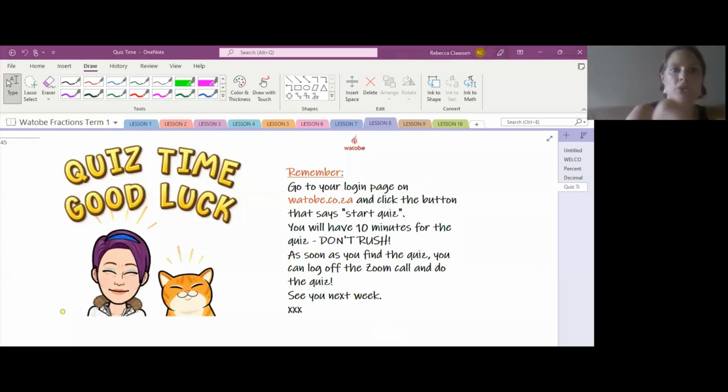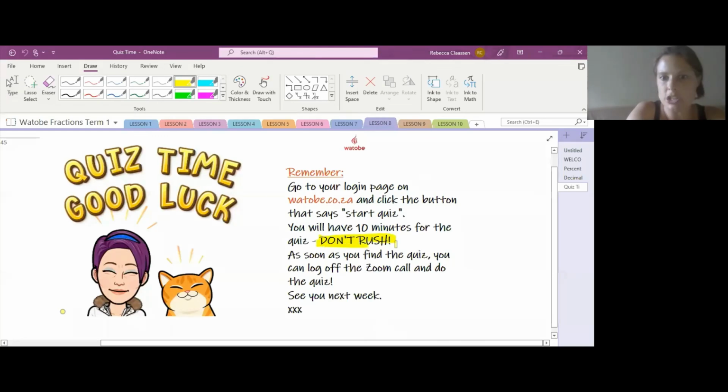I am going to remind you of a very important rule. I'm going to highlight it even. Don't rush. Remember on Monday, I told you that some of the questions we got wrong are the ones that we did the fastest, which means that we didn't work out the answers. We just did guess, guess, guess.